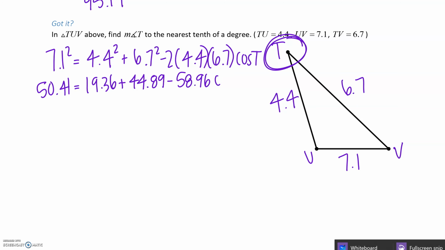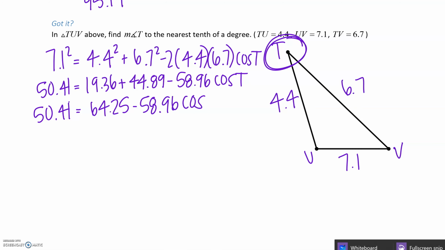And we've still got that cosine of T. Okay, so now we are going to add these two together. So we've got 50.41 equals 64.25 minus 58.96 cosine of T. Now we need to subtract the 64.25 from both sides.